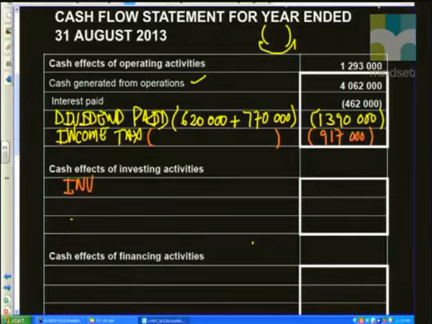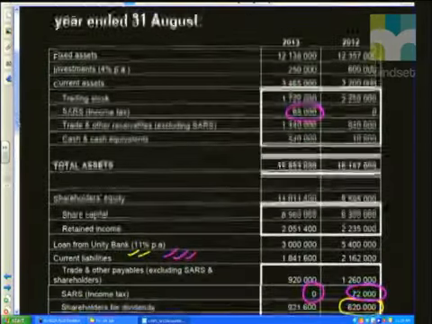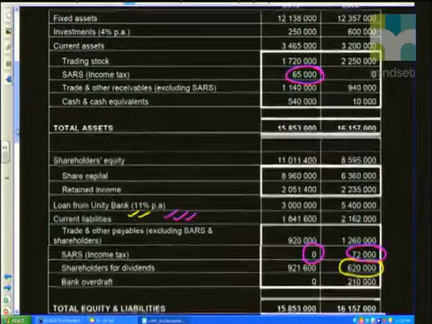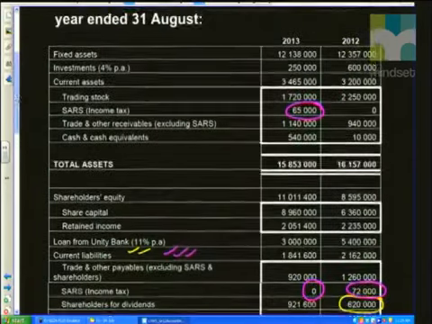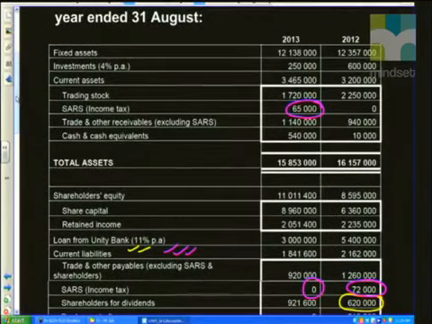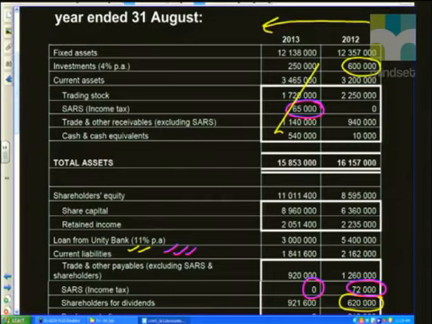Right, now, based on my information, let's see what happened to the investment. There's my investment. Okay, and from my investment, I can see what happened. Remember the arrow once again, beginning of the year, end of the year. My investment was 600,000, and my investment has now decreased to 250,000 here.